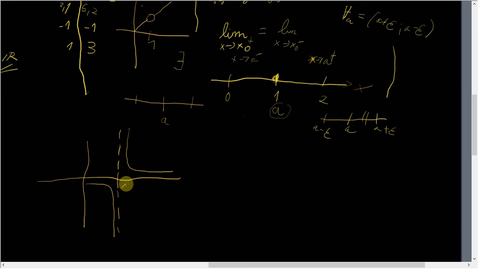Let's say this point is 1, this is 0, this is the x-axis, and this is the y-axis. We cannot approach 1. This is our asymptote. So if we wanted to find the limit as x approaches 1, we wouldn't find it because we never can approach 1, and we're approaching two different values. As you can see here, we're going to plus infinity on our y-axis, and here we're going to minus infinity on our y-axis.